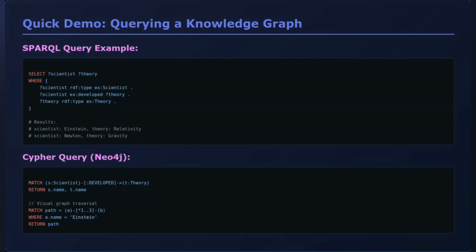Want to know who Einstein collaborated with, who studied under him, what influenced his work? This query will show you the entire web of connections. This is the power of graph queries. You can explore relationships and discover insights that would be nearly impossible to find in traditional databases.